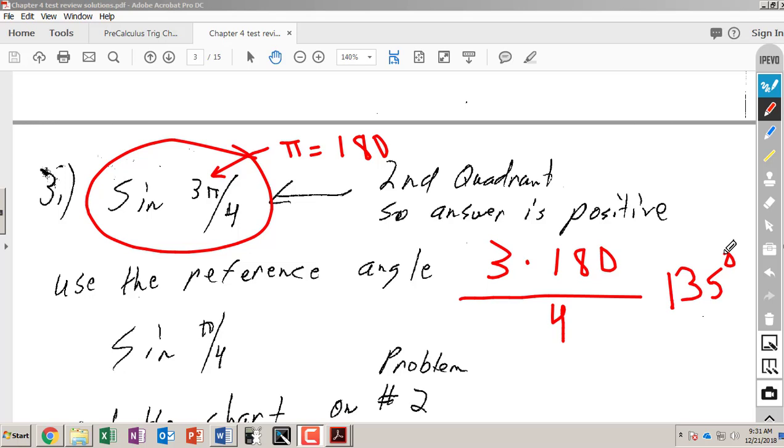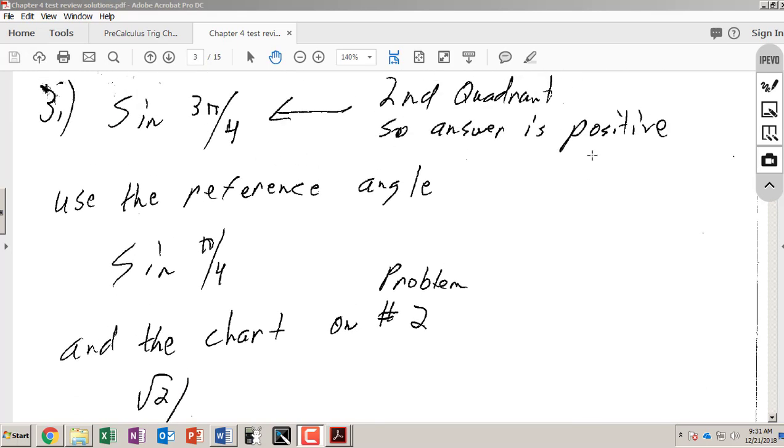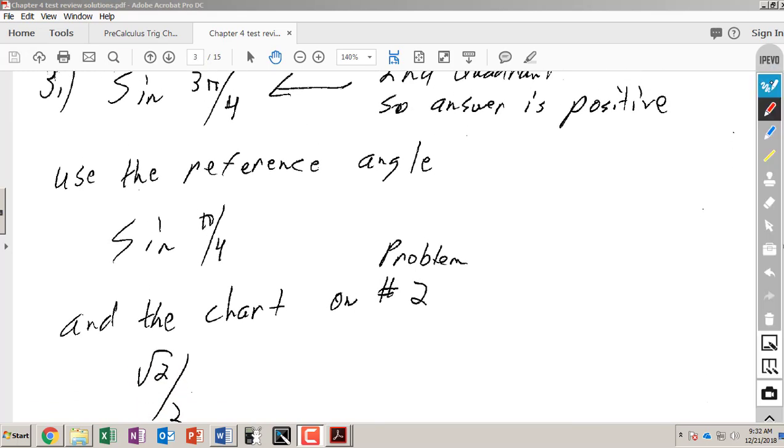So now that I know that my angle is 135, I can just look at my unit circle. On my unit circle, I know that this is 0, this is 90, this is 180. So I know that that angle is going to be in the second quadrant.